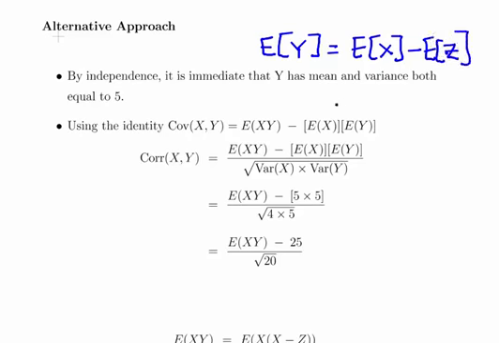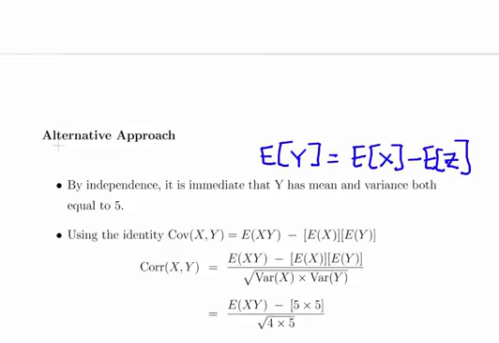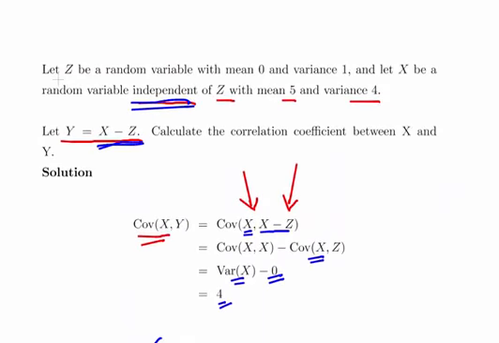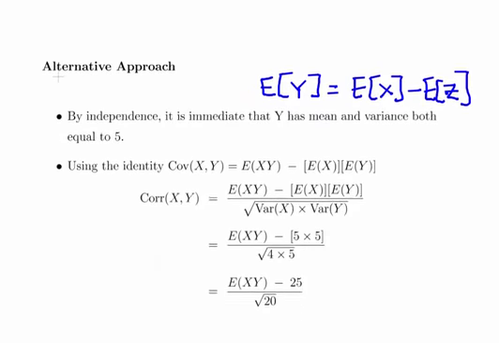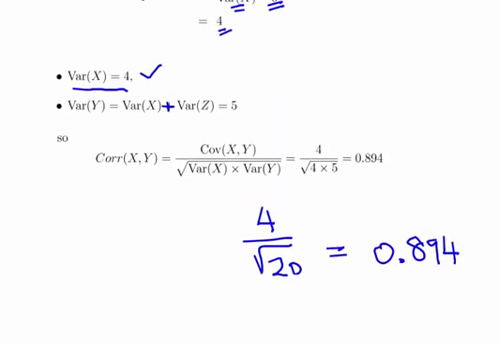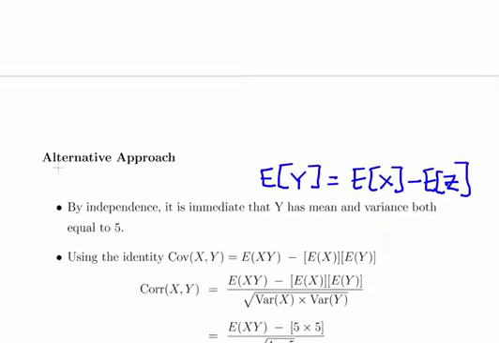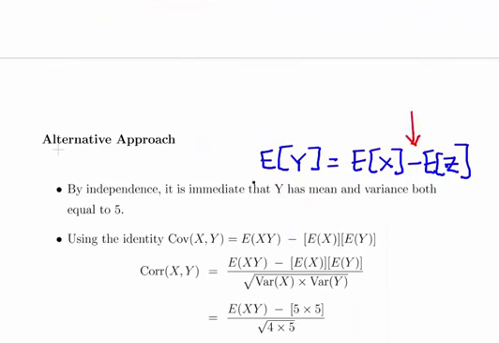And that was 5 minus 0. And also the variance of y, we're going to use this part here again, and remember it's plus this time, even though this is a minus, so it is 4 plus 1, so it's 5. So they're both equal to 5.